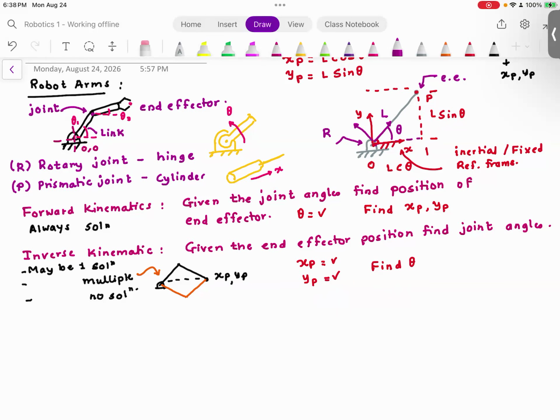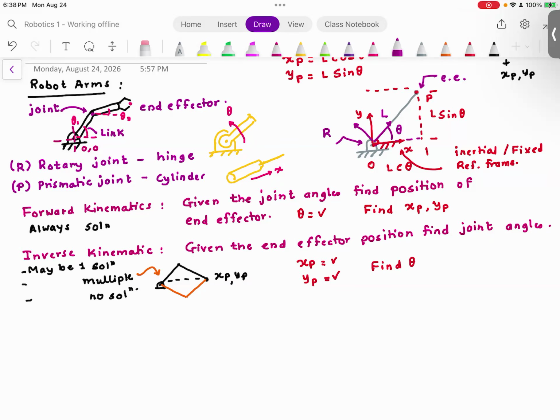Now imagine you can have one more link. Then on that link, there is going to be another reference frame. So understand, as your links keep on increasing, the number of reference frames keeps on increasing. So you need to track all that, and see how these reference frames are moving with respect to each other.